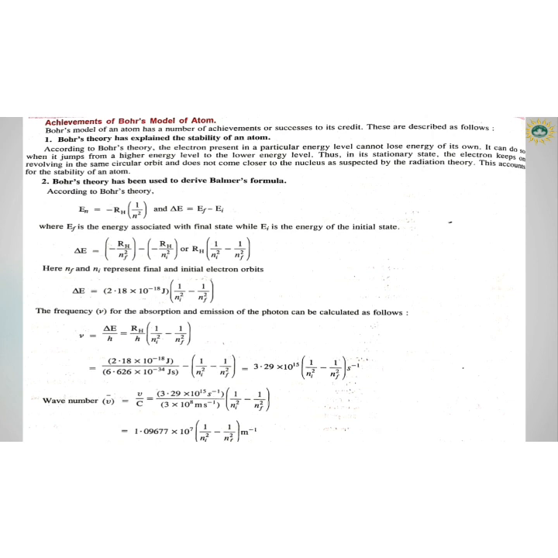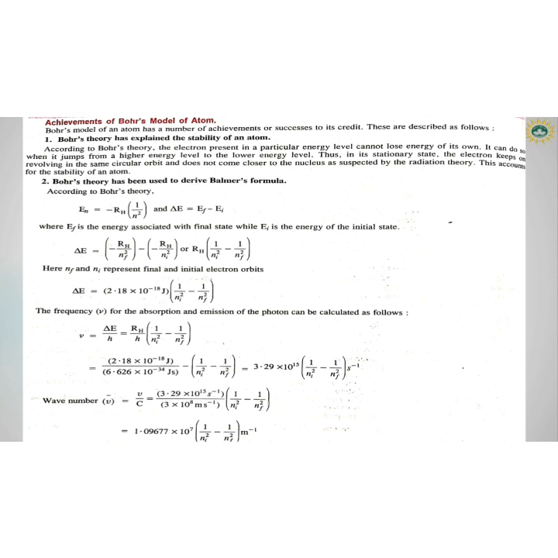Then we get the frequency value. Now you know that frequency is c by lambda. When you calculate the wave number, wave number means 1 by lambda. Since lambda is c by nu, 1 by lambda is equal to nu by c.